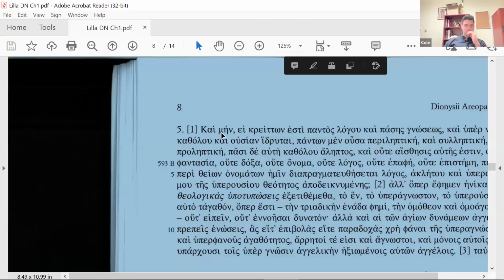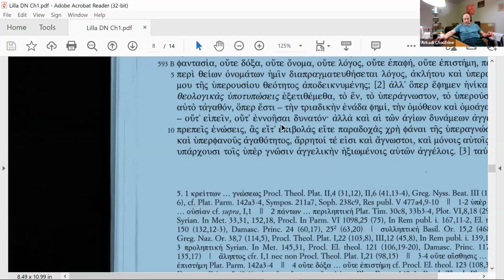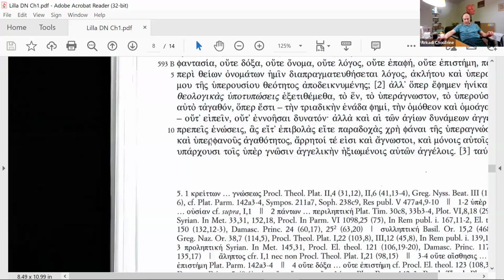Before we proceed, I want to bring to your attention not to overlook something which I noticed only after last class. It's in section 5, lines 10 and 11.